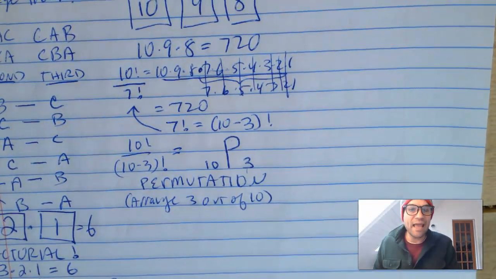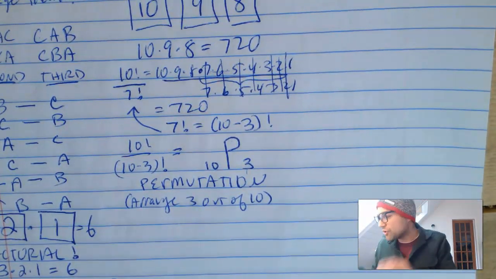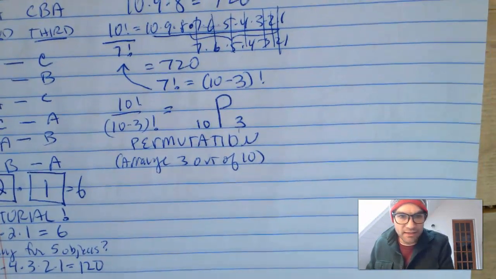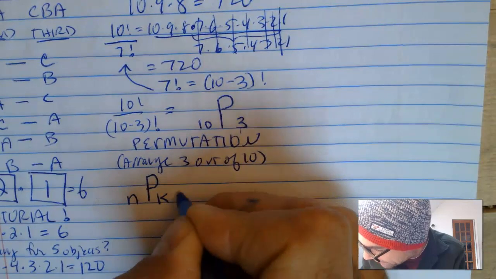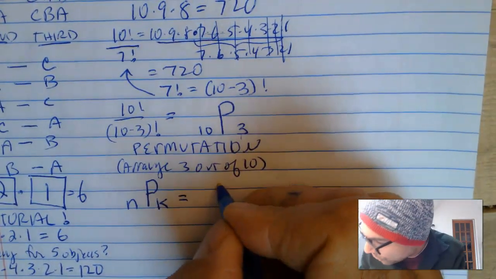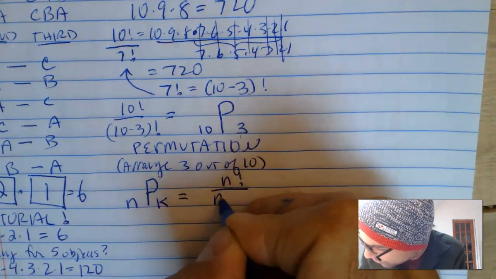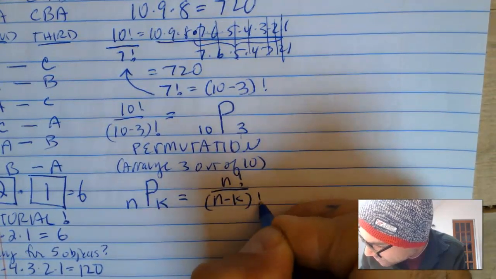So you're picking and arranging. Now the nerdy way you're going to see this is generally like this: out of n, pick and arrange k things. And then it's written like this: n factorial over n minus k factorial.